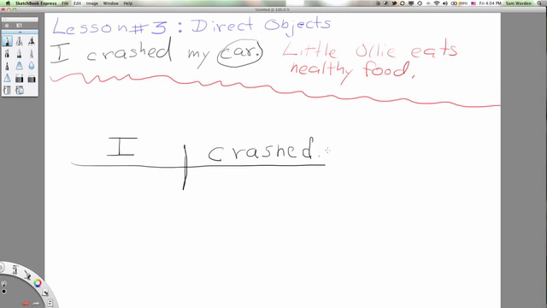And again, it could be a sentence right there. I crashed. That's basically all that happens. But if you want to be more specific, you give it more detail. And that's what we do with language. We're trying to make sure that people understand exactly what we mean, not kind of what we mean. So we've got the subject and the verb. We can cross those off.